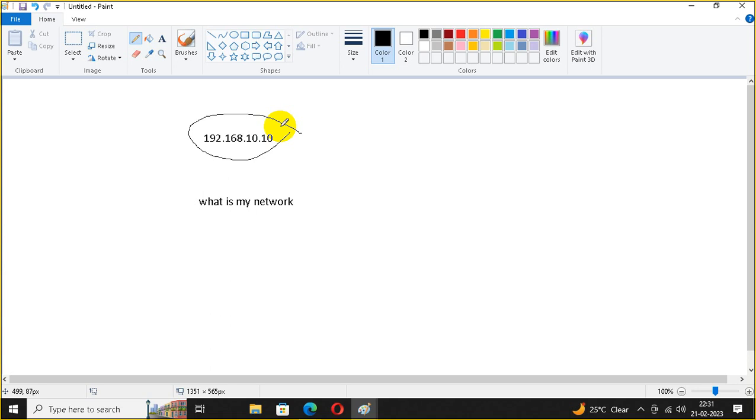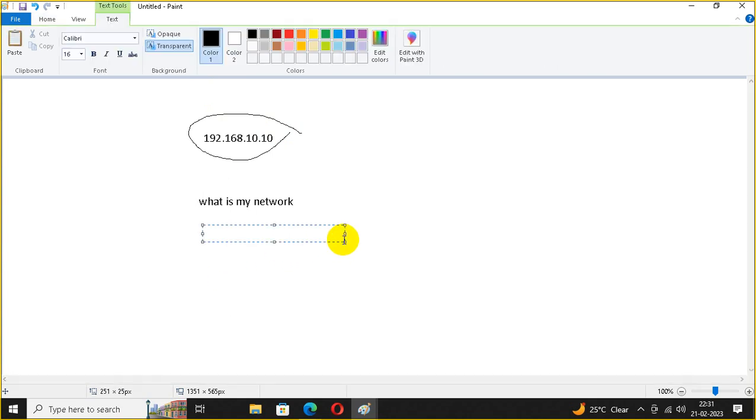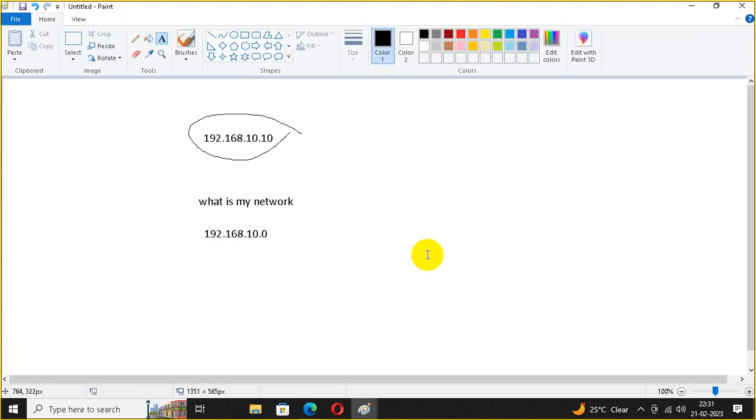So my requirement is to understand the network. So you have to write down only the network part: 192.168.10.0. Why 0? 3 network, so I write the 3 network part only. Host is not required, so I am not taking host. I make it 0. Simple.